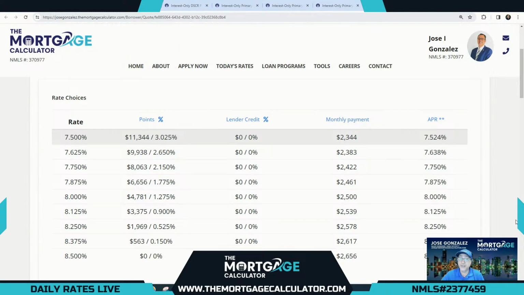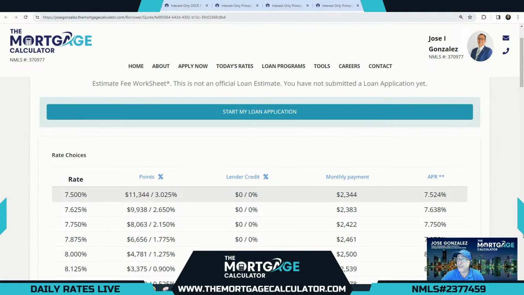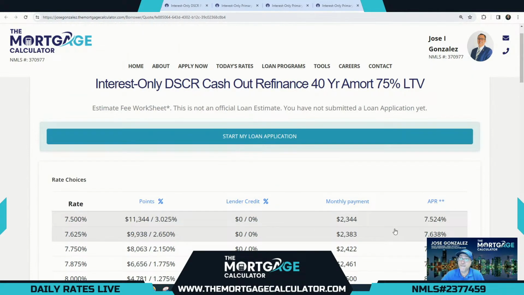Wow. So you're looking at 8.5%, offering a little bit of a lender credit, and you can buy that down all the way to 7.5% for your 75% LTV, 40-year amortization, DSCR, cash out refinance of your one-unit property.